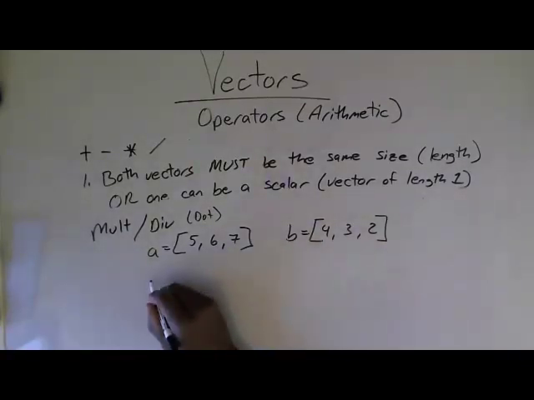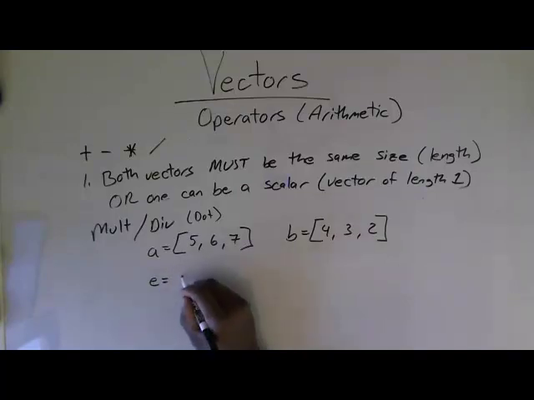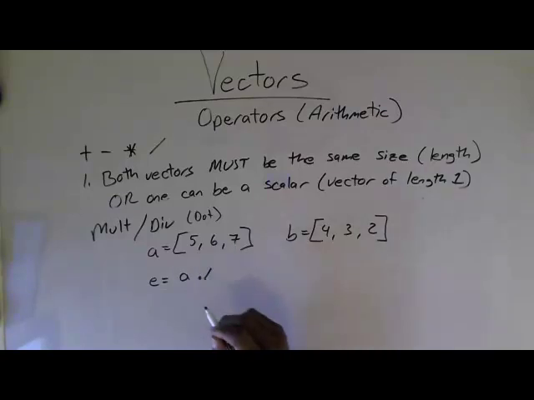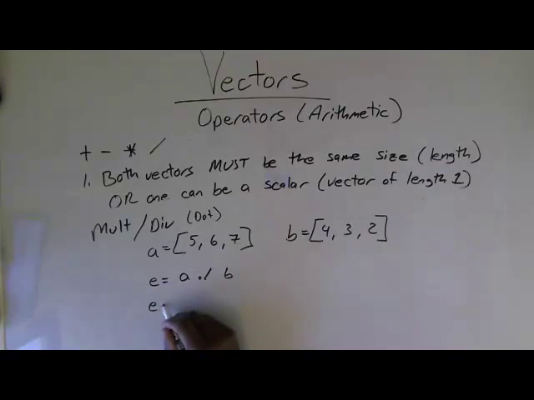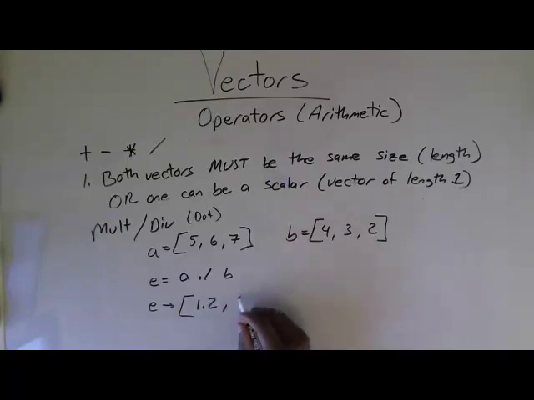If I do, let's see, vector E equals A dot slash B, then E is going to equal the values, and I have to do math on the fly real quick: 1.25, 2, 3.5.